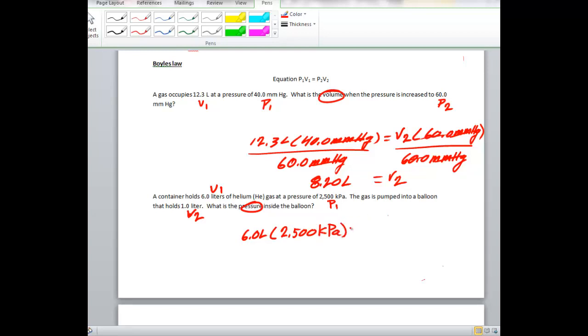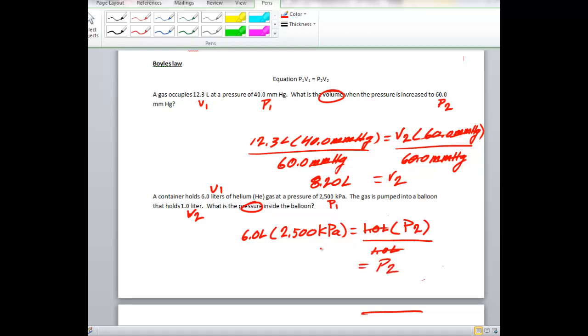that's my P1 pressure, is equal to my V2, in this case 1 liter, and I multiply that by P2. I want to isolate P2 by itself, so I can divide out by 1.0 liters. That cancels that.